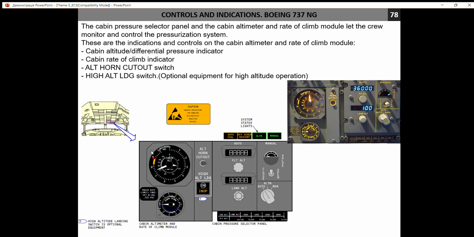The yellow boundary shows us a dangerous zone. And here you may see an altitude in the cabin. If you multiply it by 1000, you will obtain a value in feet.